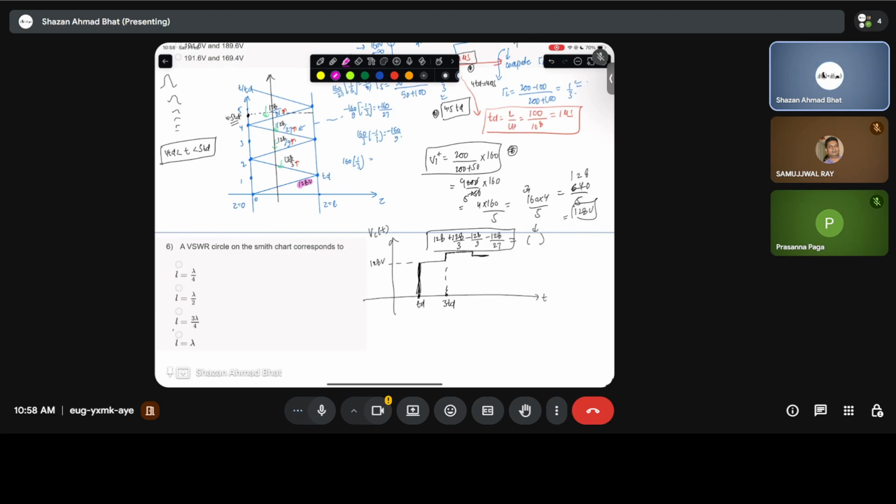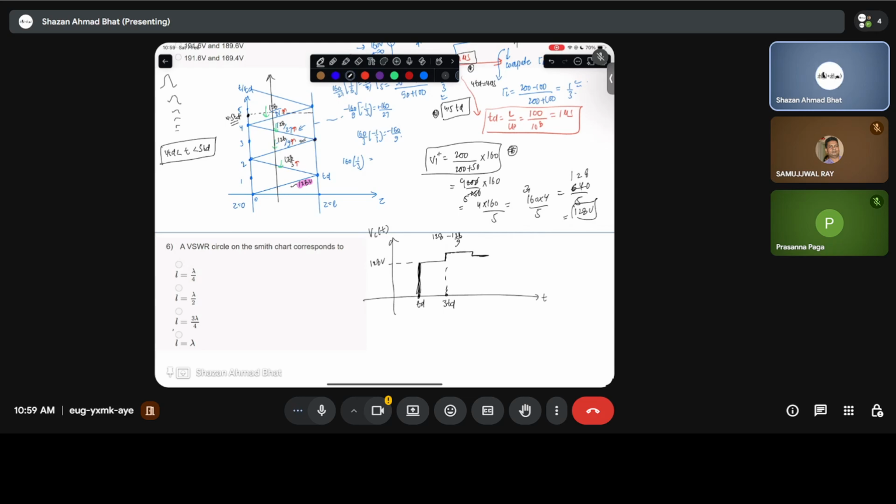Okay, and 128 divided by 9. I guess we made a mistake here. So this should not be like this. Okay, so this will be 128, this thing, then it'll be minus 128 divided by 9, which will be in 3TD.